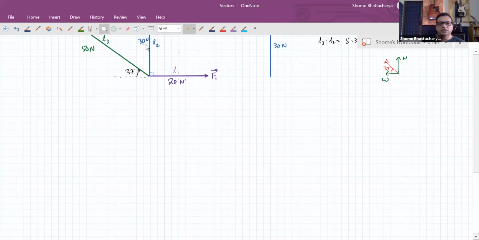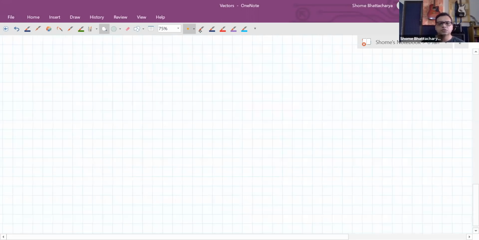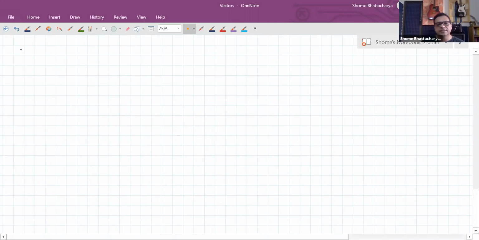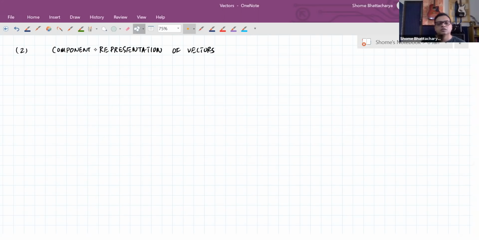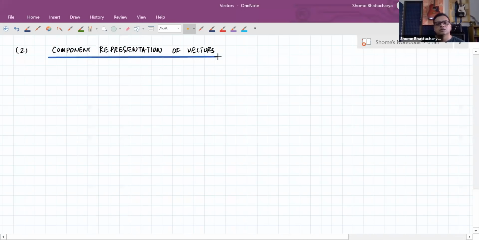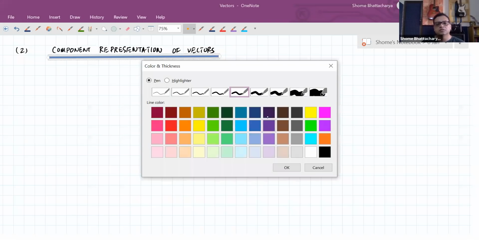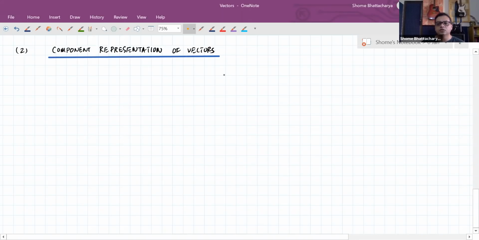Now, the other way of representing vectors, as I'm sure you are aware, the second method of representation of vectors is what we call the component notation, or the component representation of vectors. So sometimes we say that we are representing a vector in terms of its rectangular components.